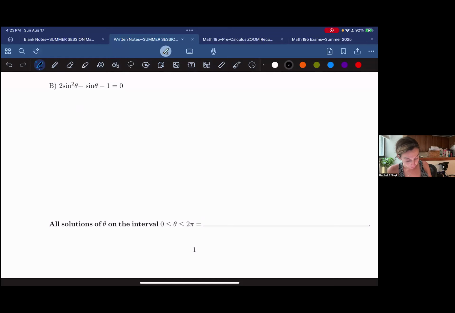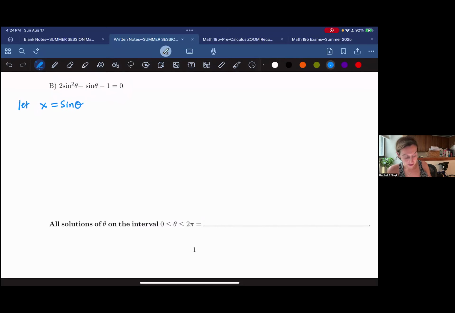In this particular example, notice how we have a sine squared and then a sine theta. So it would be in our best interest to manipulate this and put it into quadratic form. For instance, let's use some substitution. Why don't we let x be equal to sine theta?